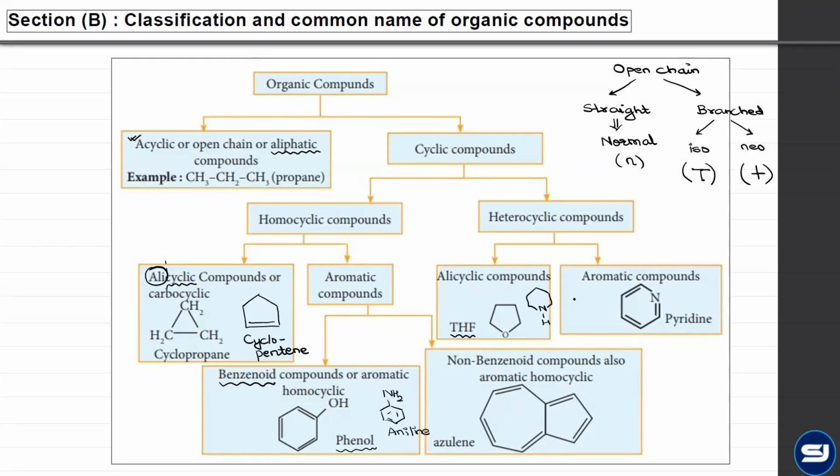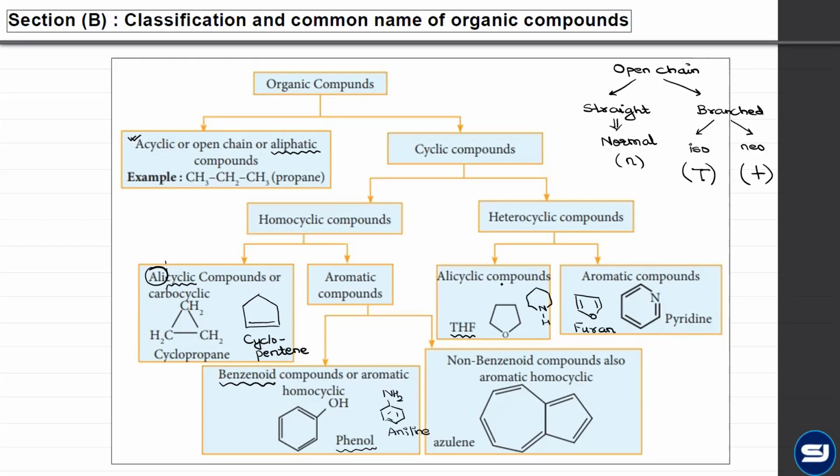Now, in comparison, if I have the furan ring but with alternate single and double bonds, then this is just called furan. And in this ring, if you put alternate double and single bonds, piperidine changes to pyridine.